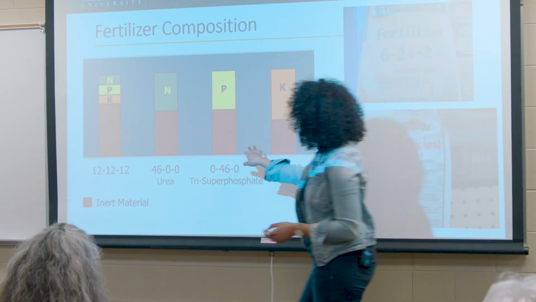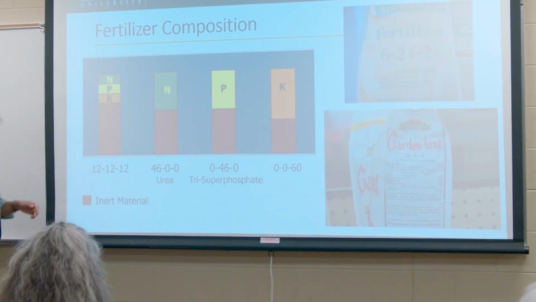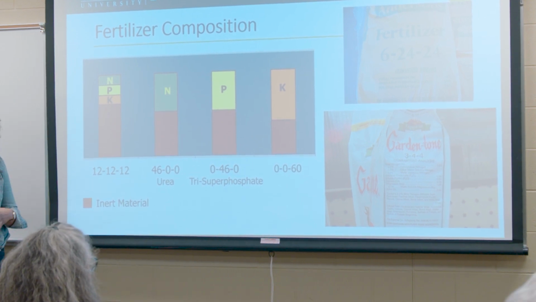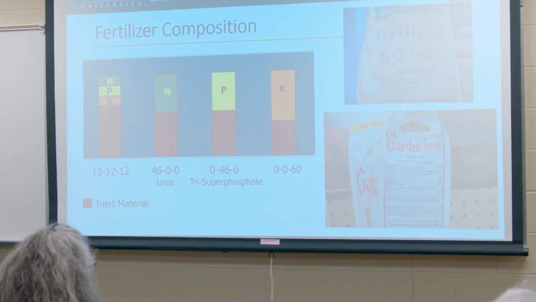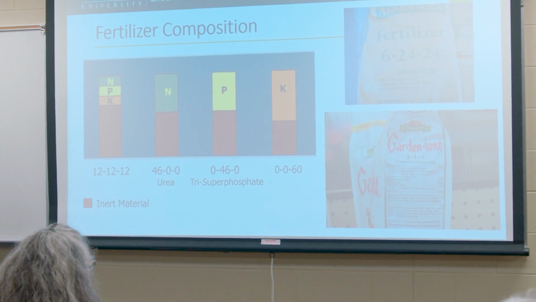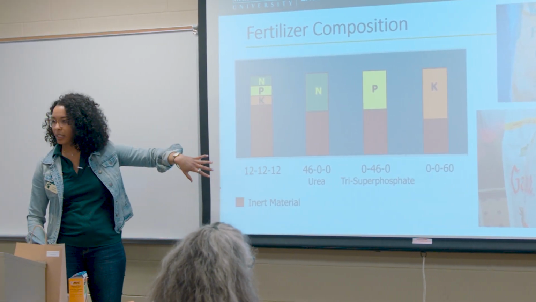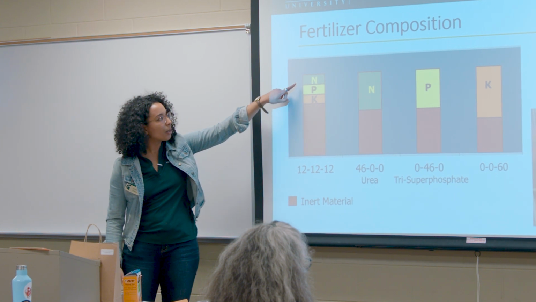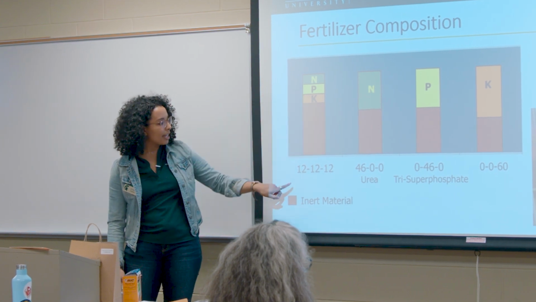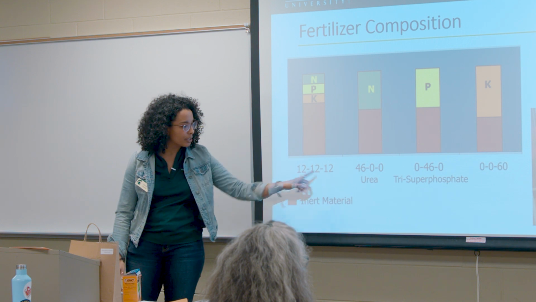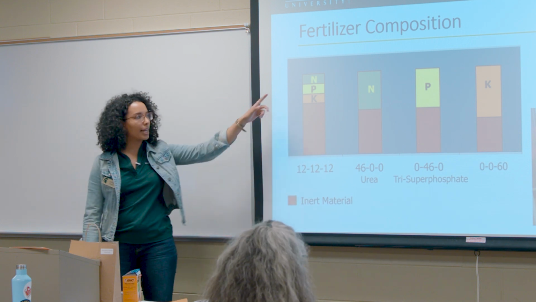The rest of what's in that fertilizer is inert material, so it's not necessarily the nutrient that you're looking for. You've got to do some math and make sure that the amount you're applying is the amount that your plant needs because of the percentage in a fertilizer. So if your plant needs more nitrogen, then a fertilizer like this, which has 12% nitrogen, 12% phosphorus, 12% potassium, might not be your route, right?